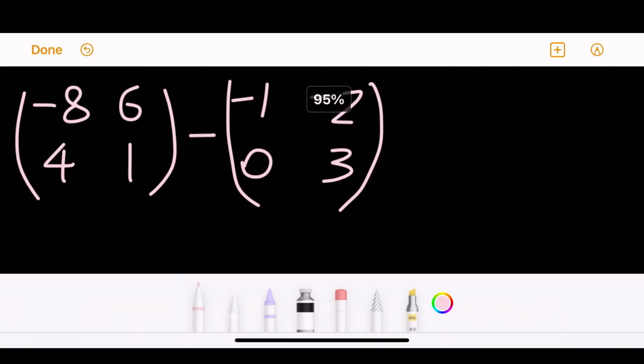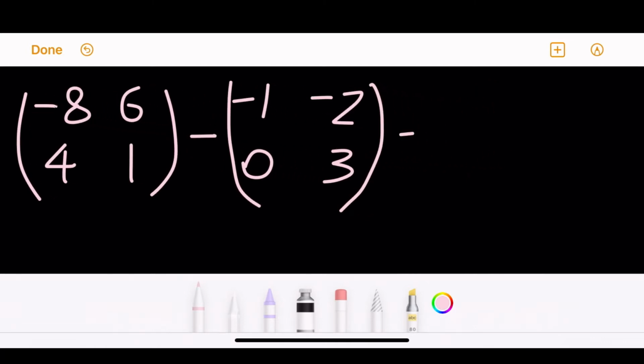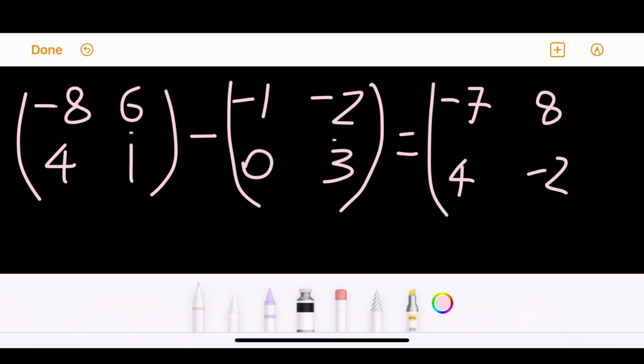Because we have many negative signs here, we do need to be careful. -8 minus -1 is -8 plus 1, so it's -7. And then 6 minus -2 is 6 plus 2, which gives us 8. And then 4 minus 0, which still is 4, and then 1 minus 3, which is -2. And this is our final answer.